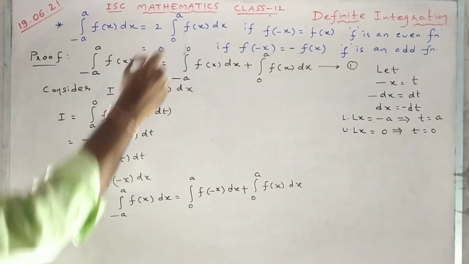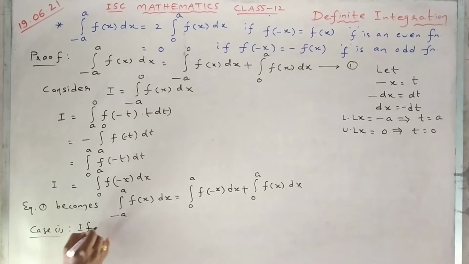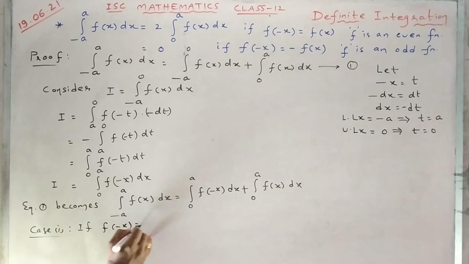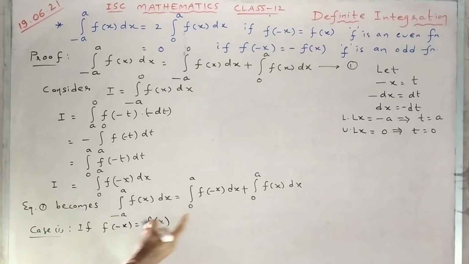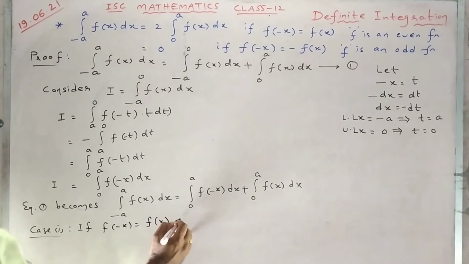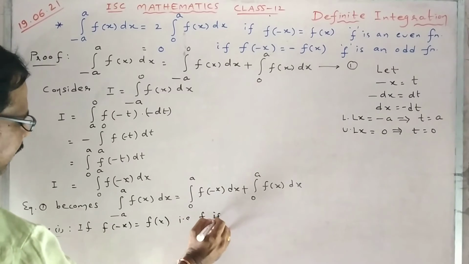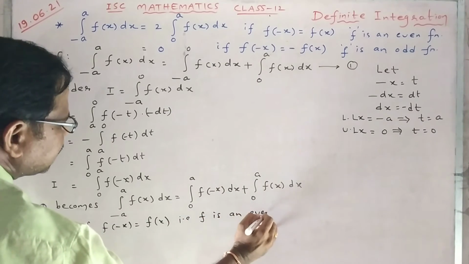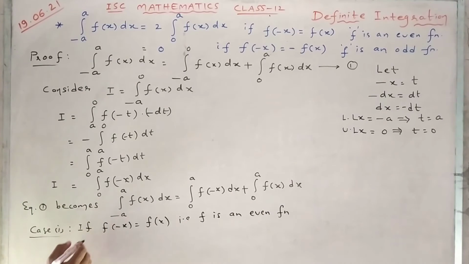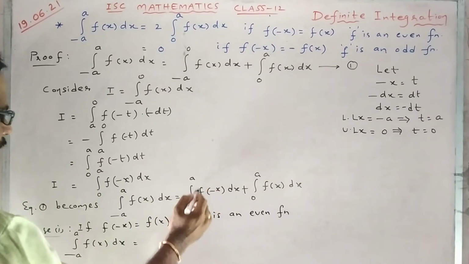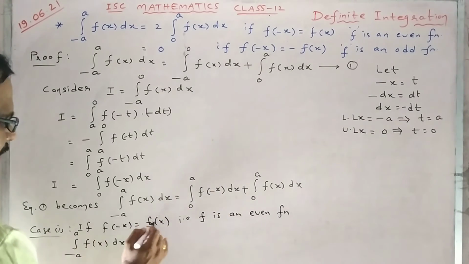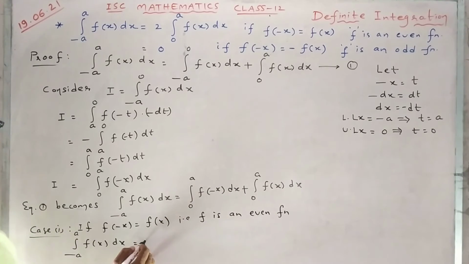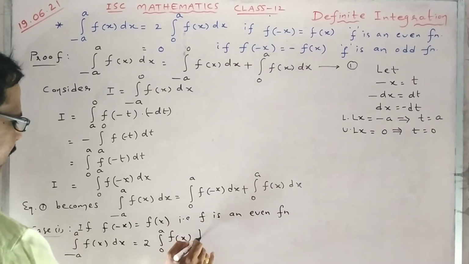What is case 1 there? If f of minus x equal to f of x, that is f is an even function, then in the place of f of minus x, if you write f of x, this becomes integral from minus a to a of f of x dx equal to, in the place of f of minus x we can write f of x, so these two will be the same, so 2 times integral from 0 to a of f of x dx.